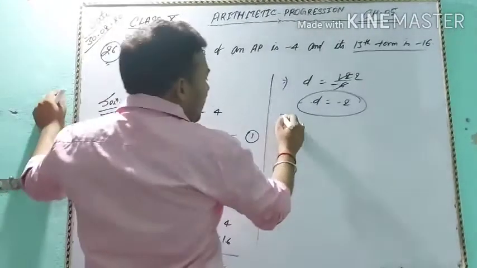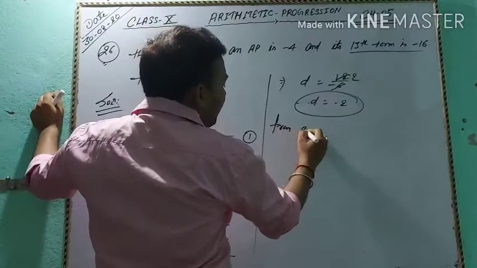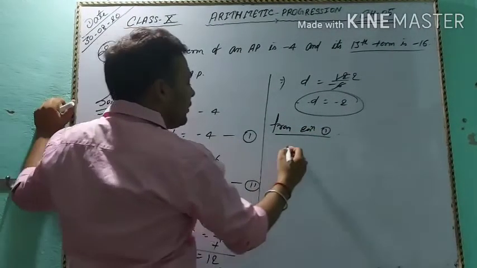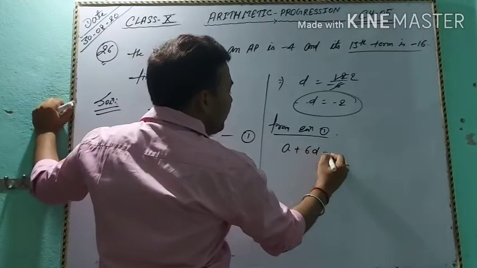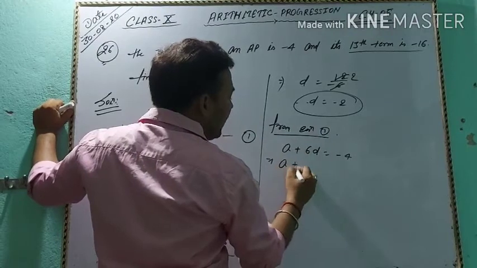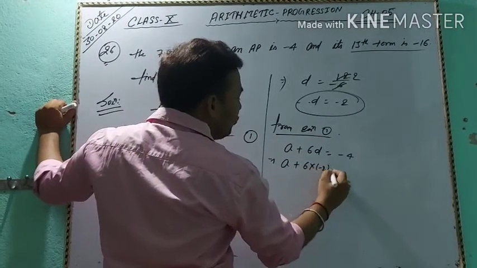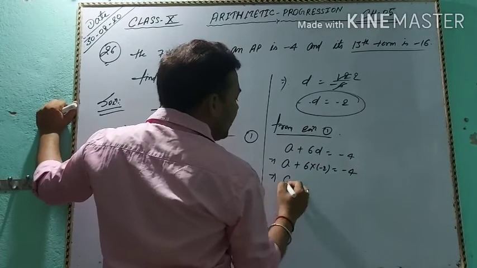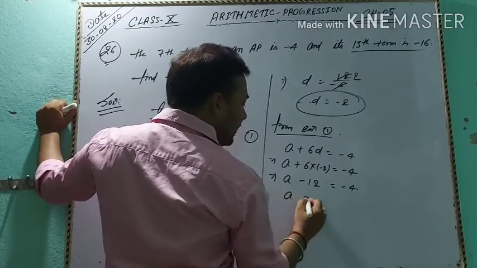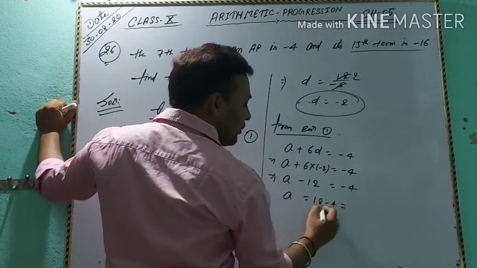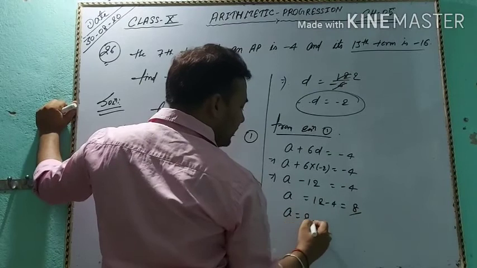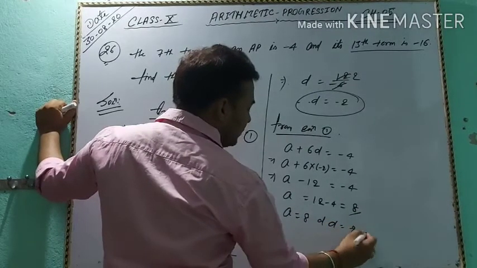So let's take equation 1. a plus 6d equal to minus 4. Put the value of d equal to minus 2. So a plus 6 multiply minus 2 equal to minus 4, that is a minus 12 equal to minus 4, and a equal to 12 minus 4 equal to 8. So a equal to 8 and d equal to minus 2.